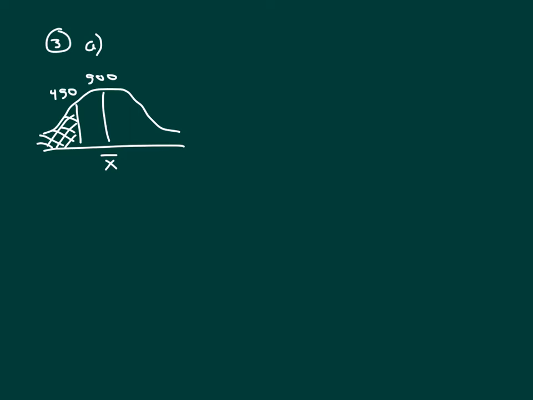All right, so first thing we have to find is the z-score that goes along with this. If we do the value minus the mean, divided by the standard deviation, that's going to give us -0.5. So if you want to do this in your calculator, you would just do normal CDF.